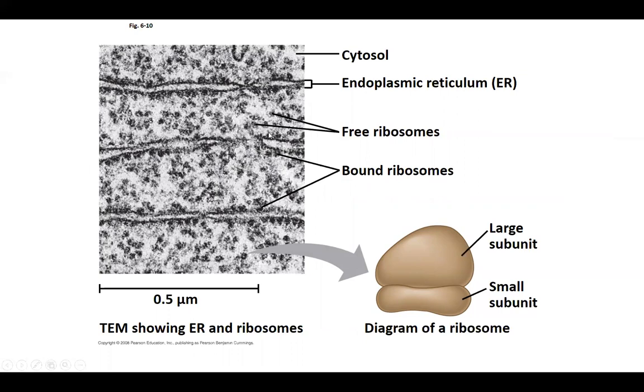You can see lots of ribosomes just along it. Okay, these are bound ribosomes. This larger space is the cytosol between our ER, so these are going to be free ribosomes. We're going to talk about free ribosomes and bound ribosomes in the next set of slides.